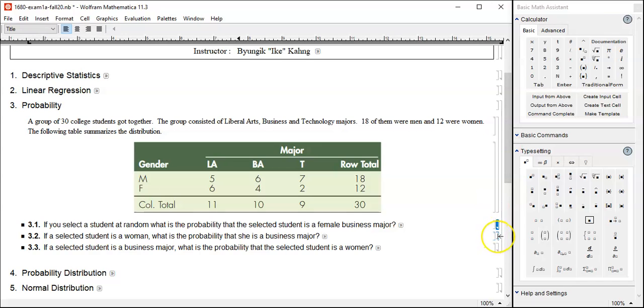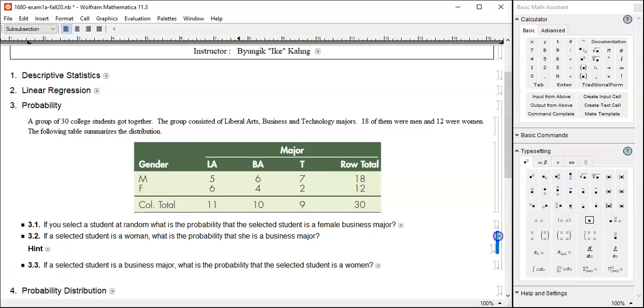Now, here is a conditional probability. If a selected student is a woman. So unlike the previous problem, this time we have a restriction. We are not considering men, women only this time. So what's the total here? Total is not 30, women only this time.